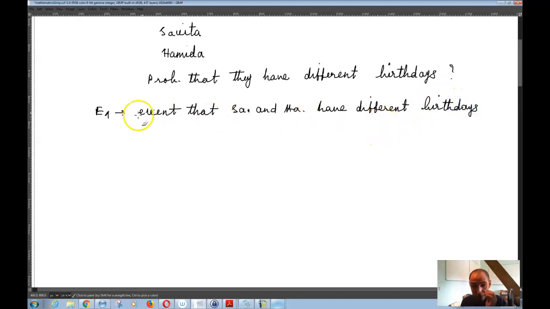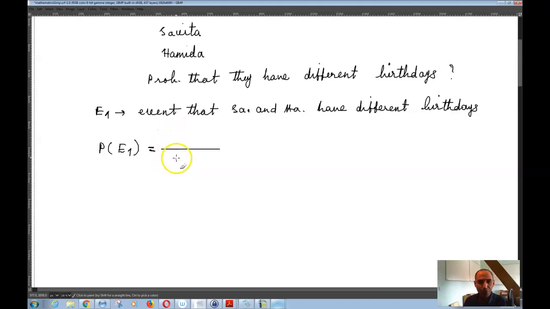So then I can say that P of E1, the probability that the event E1 happens, is basically all the different outcomes favorable to this divided by the total number of outcomes of the experiment.